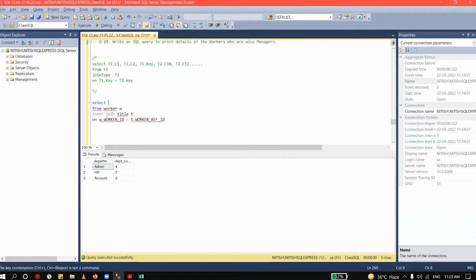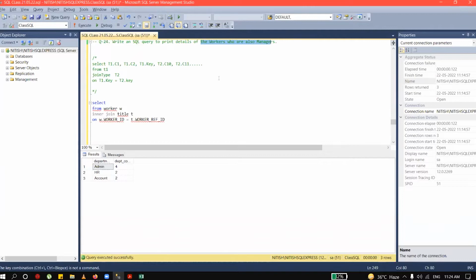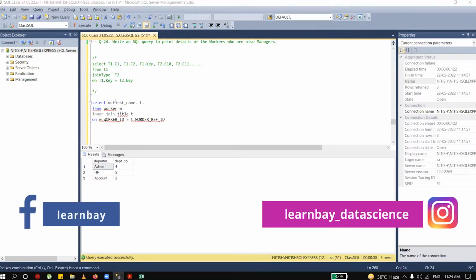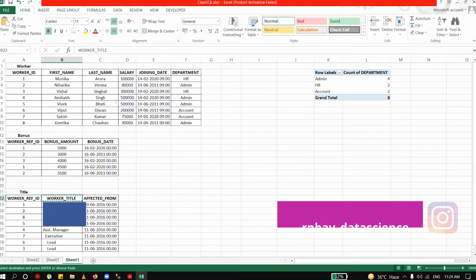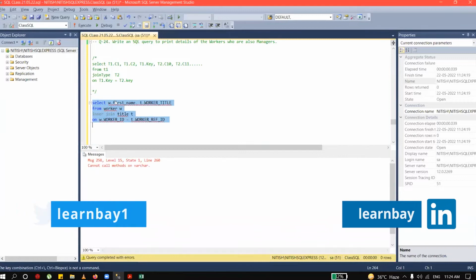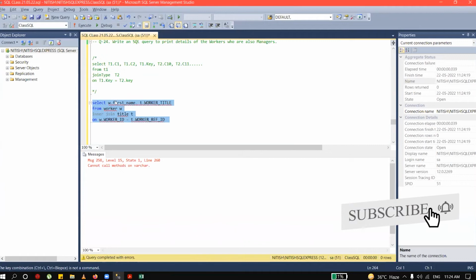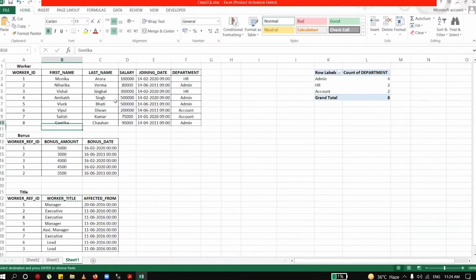Now what columns do you want? As per the question, I need workers who are also managers. So I would like to get the worker first name. You can add concatenation also over here, it's up to you. And T dot what I need to have, worker title. These two things I'd like to have. Select W dot first name. I hope the spelling is correct.